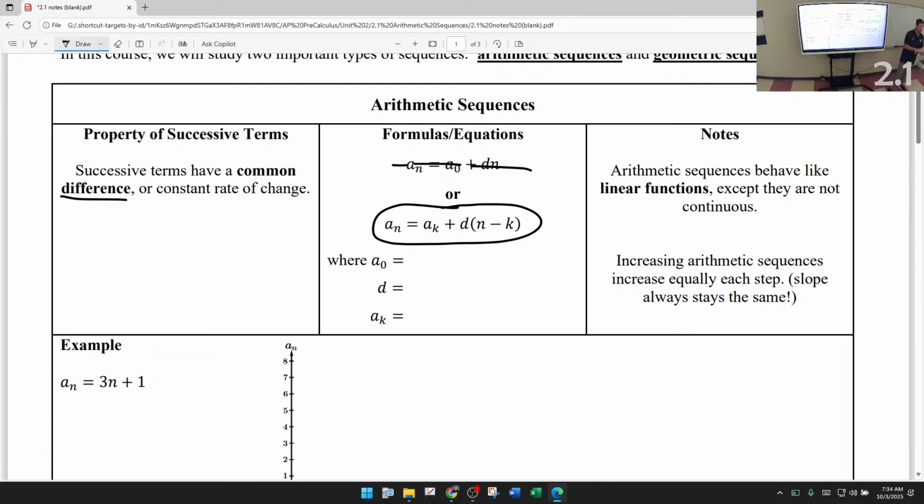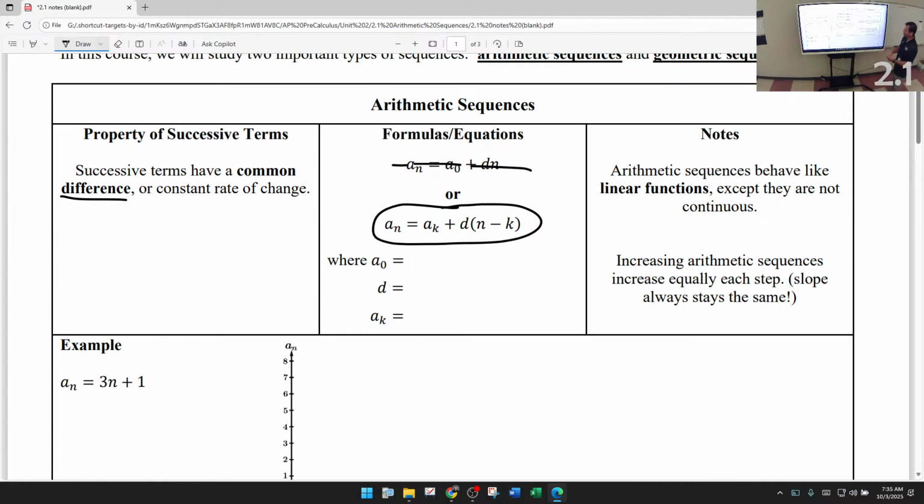So I recommend just having that formula, that way you don't have to remember 2. This one only covers if you know a sub 0, and very seldom will you know a sub 0. So I don't use this formula. I just use this one.